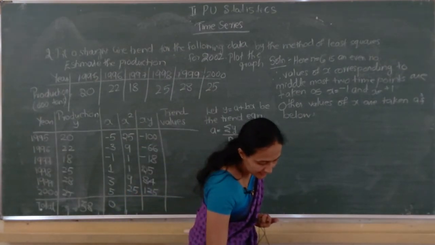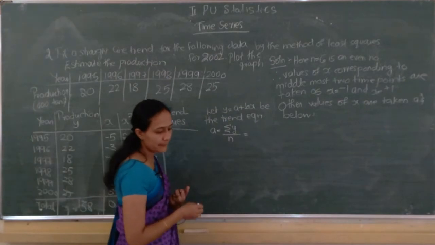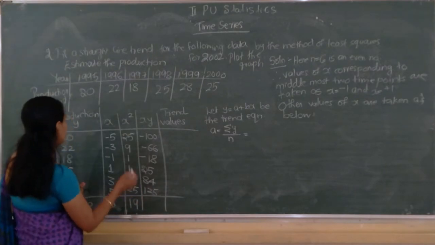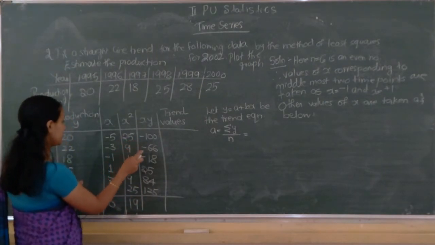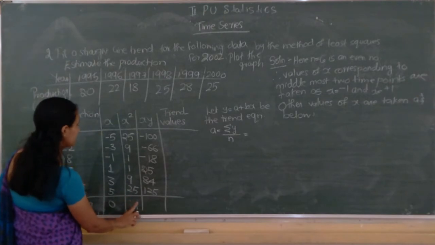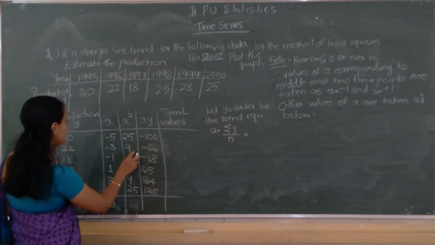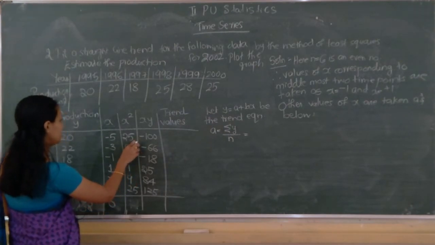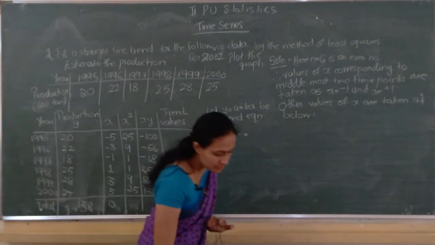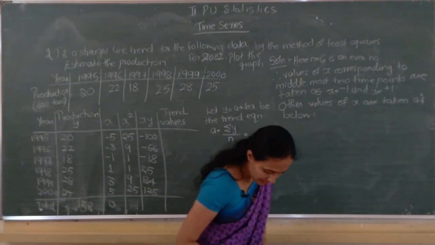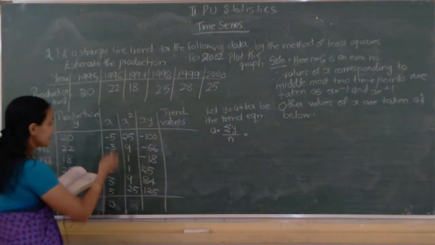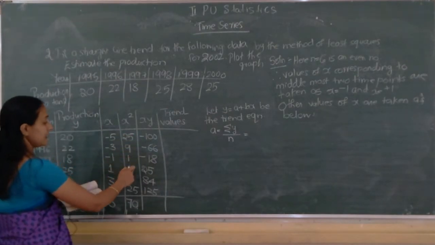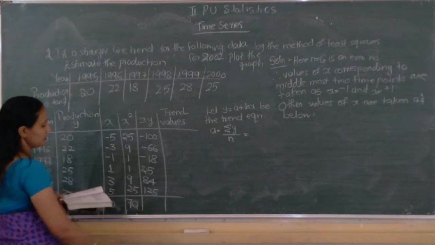Sigma x square: 25 plus 25 is 50, 50 plus 10, plus 10, so it is 70.